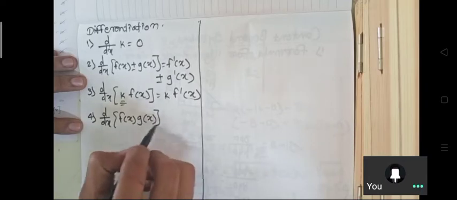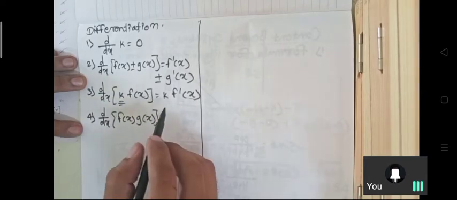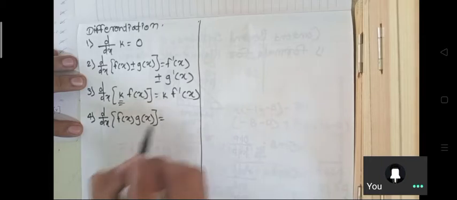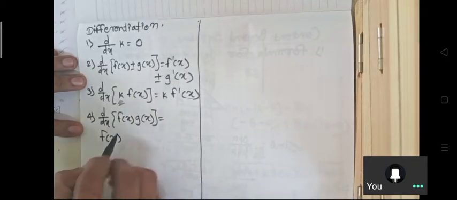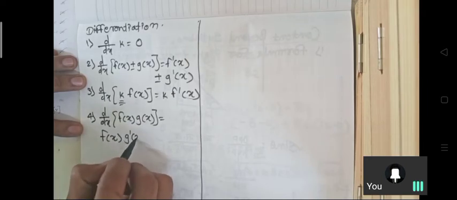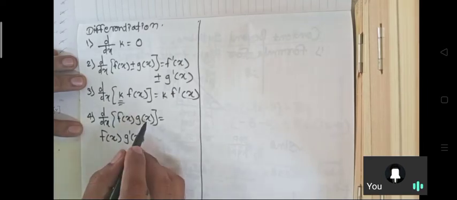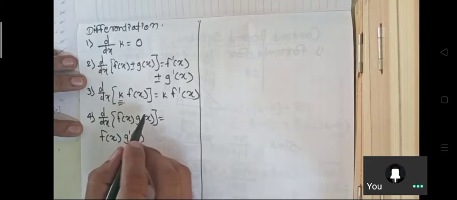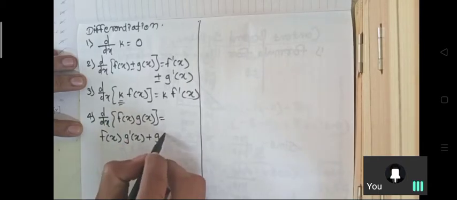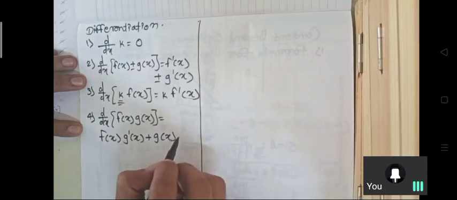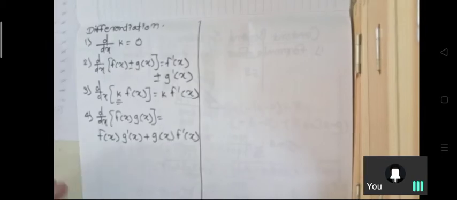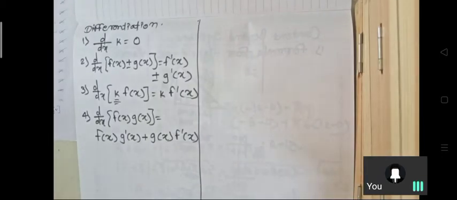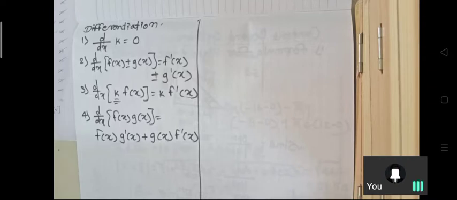So, differentiation of a product is equal to f of x as it is, times g dash of x, where g dash of x is the differentiation of g of x, plus g of x as it is multiplied by f dash of x. Hope this is giving you some insight which you have studied in first year, or in diploma first year, second year.